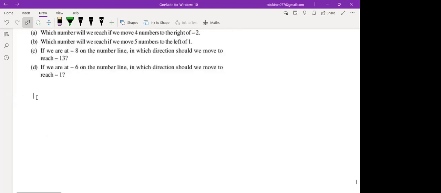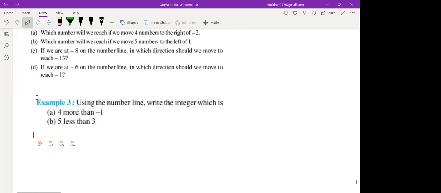Now let's just move to the next examples. Okay, using the number line, write the integer which is 4 more than -1 and 5 less than 3. Can you do this? Yes, ma'am.